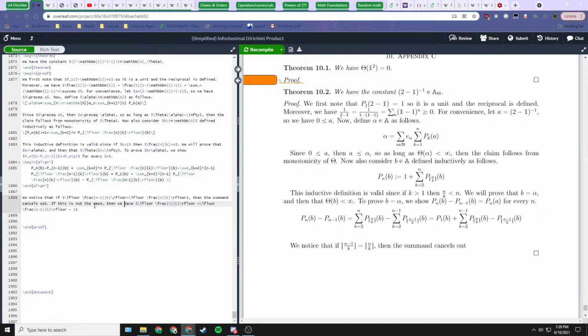Sorry, we actually have, then we have k divides n, and also this. Okay, so how do we prove that this is the case? Well, we could do the floor calculations if we would like.